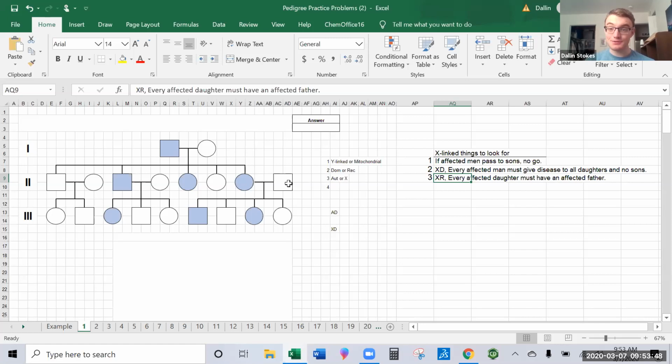So this one is pretty solidly autosomal dominant, because we have no children of unaffected parents that are affected. No affected children with unaffected parents. And it violates all of the rules of being X-linked.